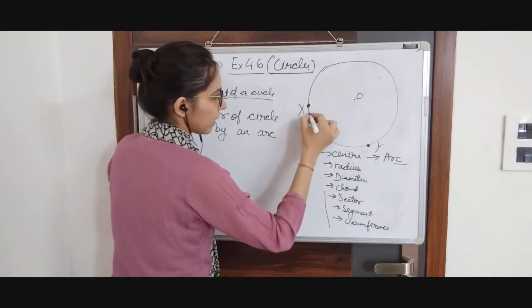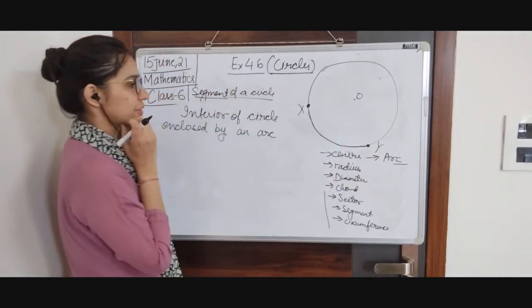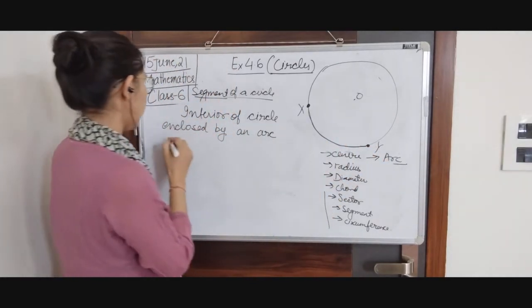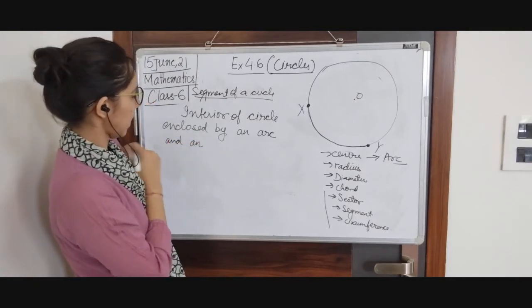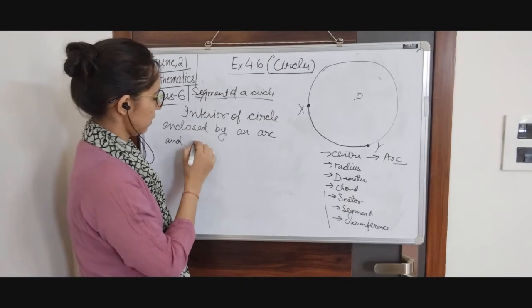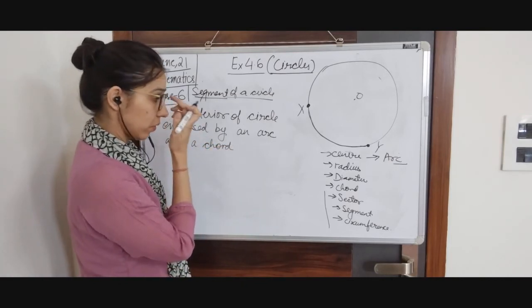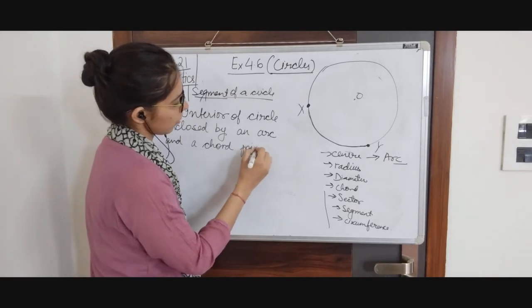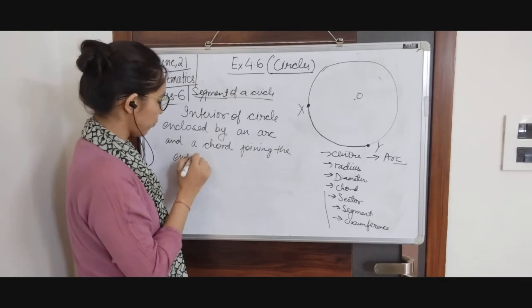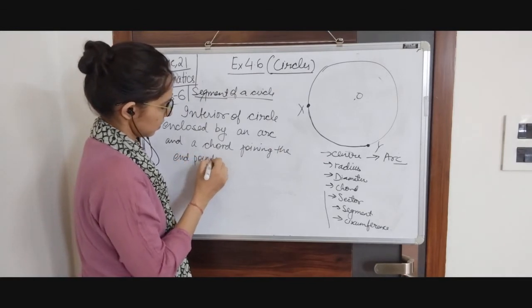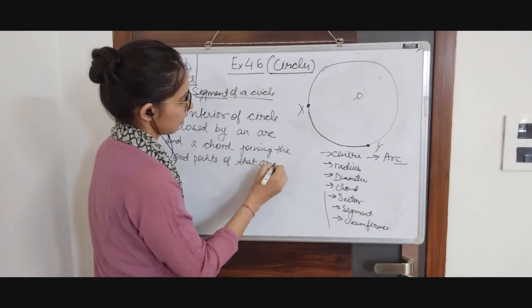Enclosed by the arc, so one part of the boundary is going to be this, and a chord joining the end points of that arc.